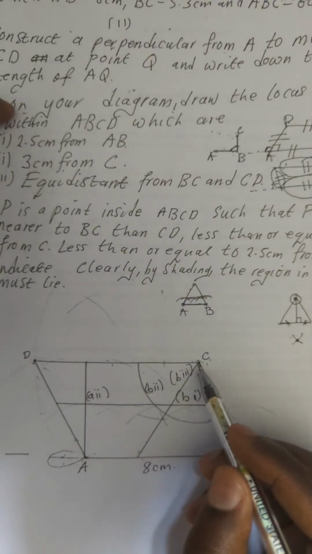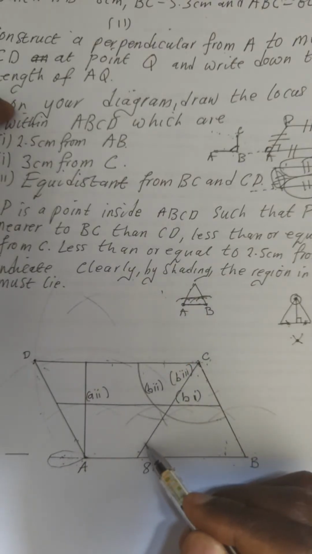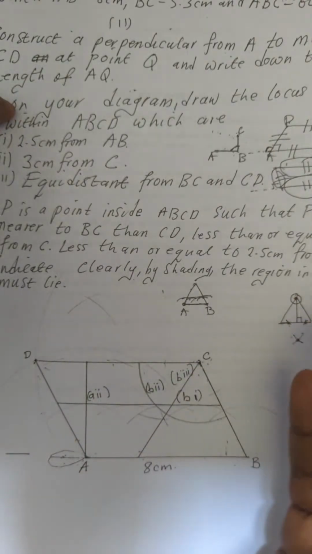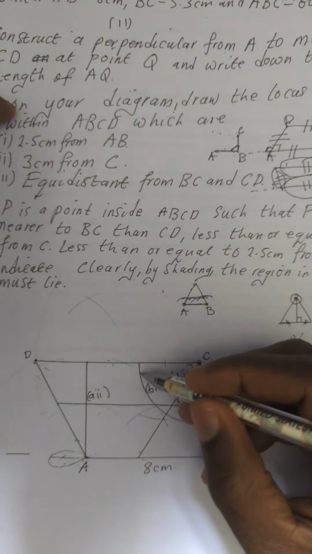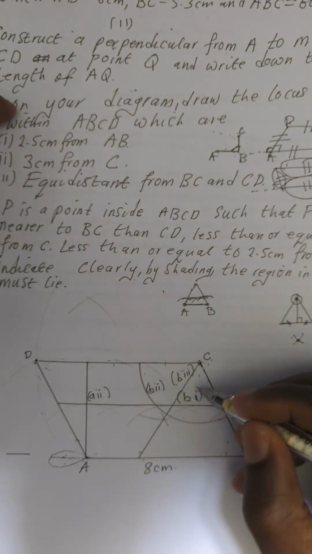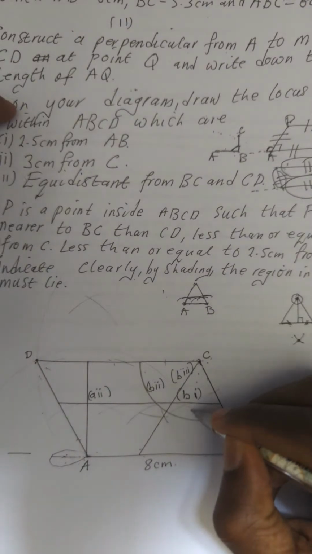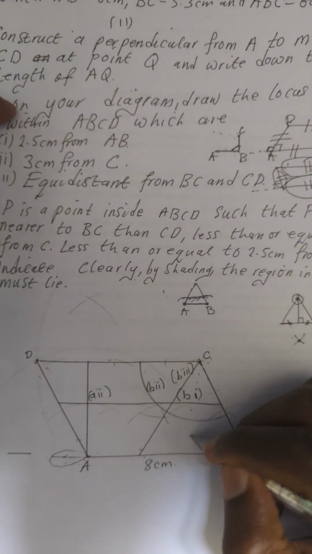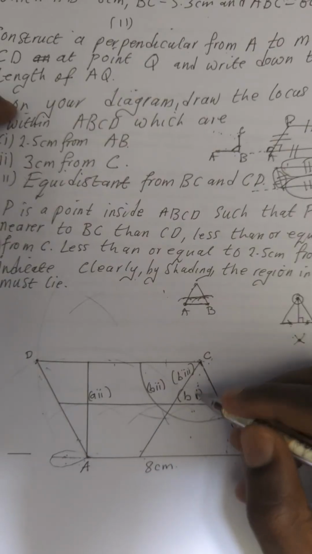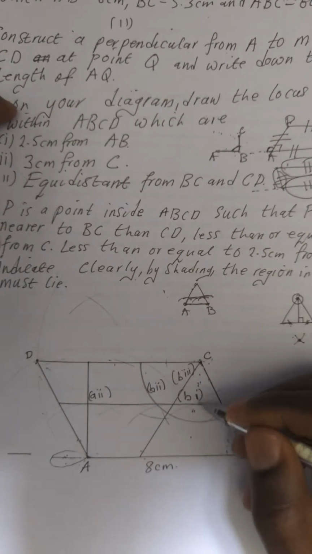Remember, at first we said the point P should be on this side, because this is the border. So it has to be here or here, not here, because here it's greater and here it's less. The job is just to know which of these two regions.